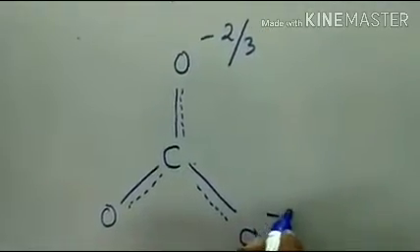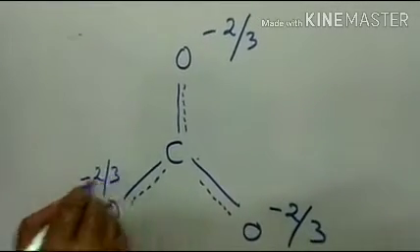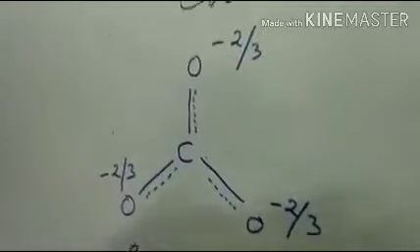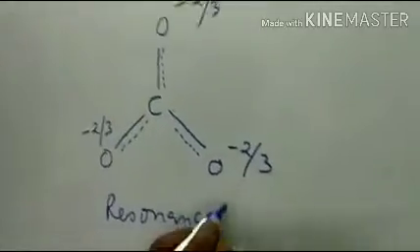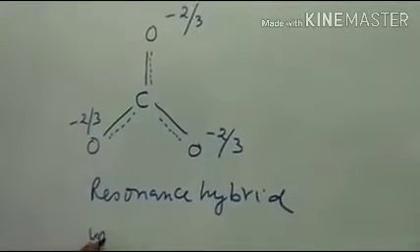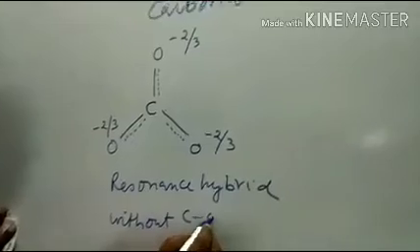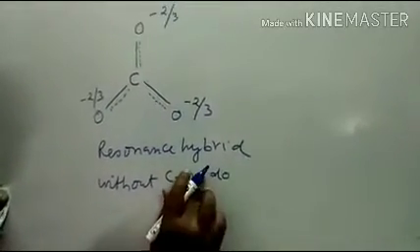So each has got 2/3 charge. This is the resonance hybrid, without carbon oxygen double bond character.